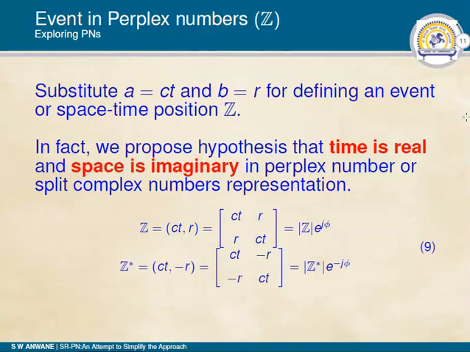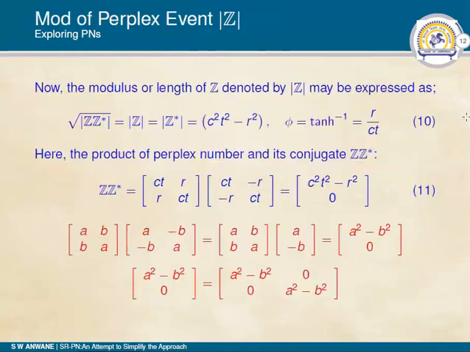Similarly, its complex conjugate appears on the screen, wherein we are replacing r by minus r. Now, the modulus, the square root of Z Z star, is essentially equal to mod Z equal to mod Z star equal to c square t square minus r square.